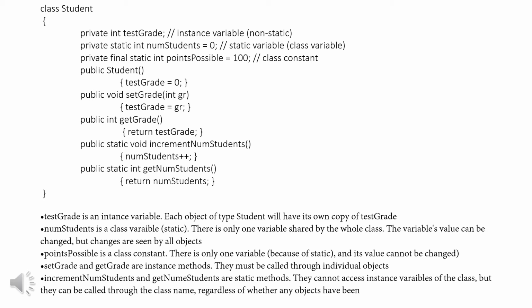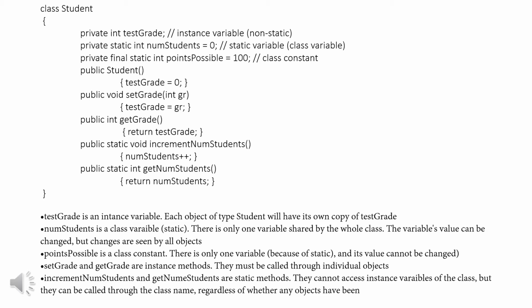And also, this variable is not possible to be used inside the methods that are static. Then we have number of students, or numStudents. As a default, the value of this variable is 0. This variable is static. It means all of the objects, all of the students, are going to access this variable.